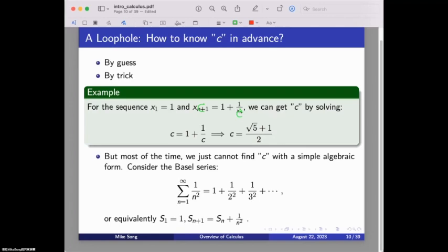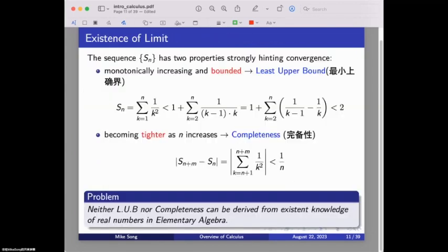Though the general term is simply 1 over n squared, it's impossible for normal people to foresee that c equals pi squared over 6 and to check the convergence with it. Well, even with c unknown, the sequence S n has two distinct properties that strongly hint at convergence.